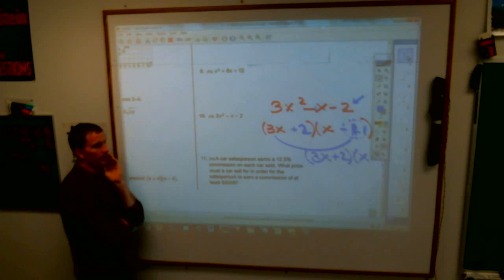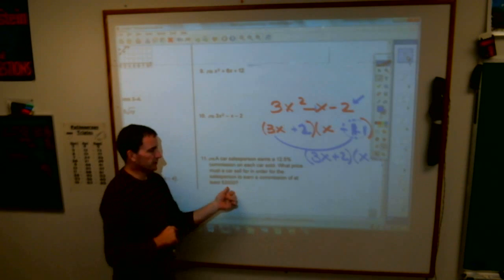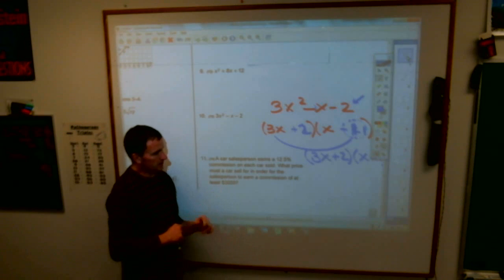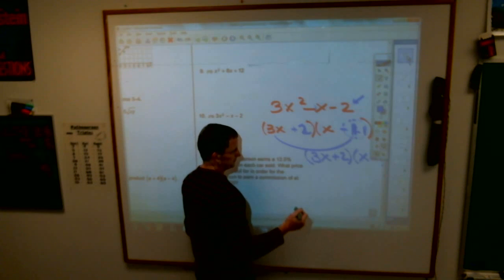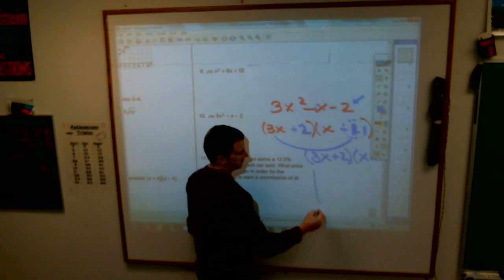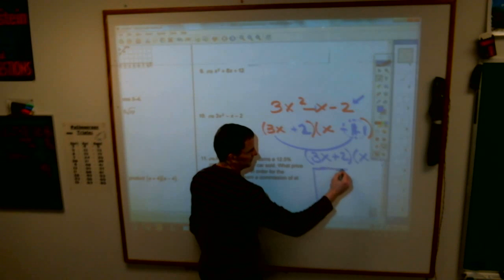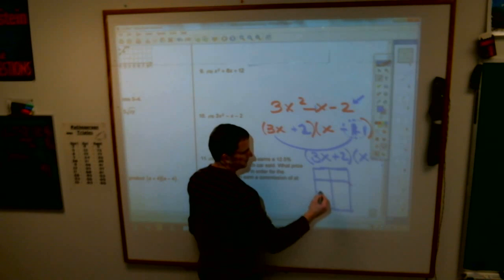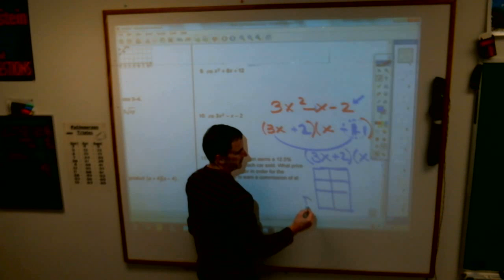Why do you suppose you want to find 12.5% of 2,000? Here is what I would have done. Well, I'll do it the way I think maybe you do, but you are taking the total price of the car and splitting it into the commission and whatever else wasn't the commission.